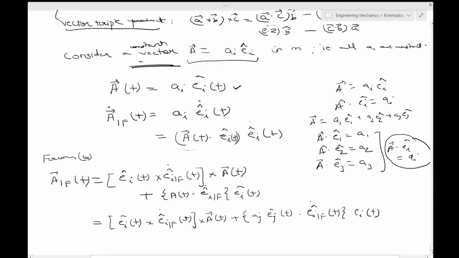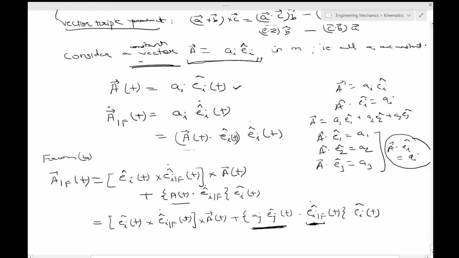Okay, so this particular A of t has been again written as a_j e_j, because A was equal to this a_i e_i, and i is a repeated index, hence it is dummy, so I am just using j over here. The reason is I don't want to confuse it with this i over here. That's the reason for using j for this case.